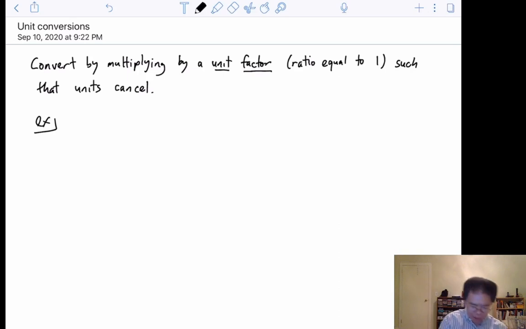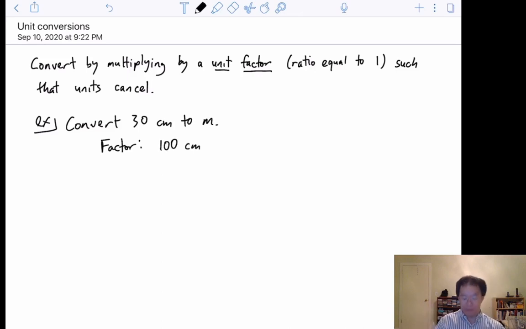So suppose we want to convert 30 centimeters to meters. What you need to know is the conversion ratio, which is that there are 100 centimeters in 1 meter.